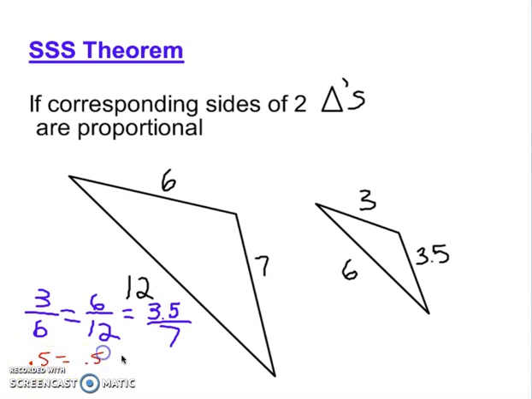So if you had 0.5 equals 0.5 equals 0.5, we know that all of those sides, the corresponding sides, are proportional. So these two would be similar based on the side-side-side theorem.